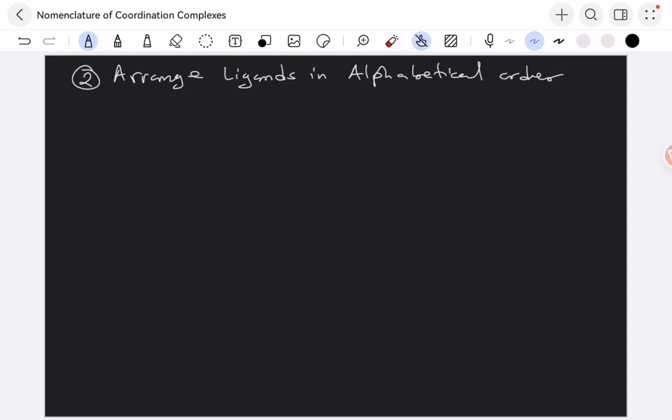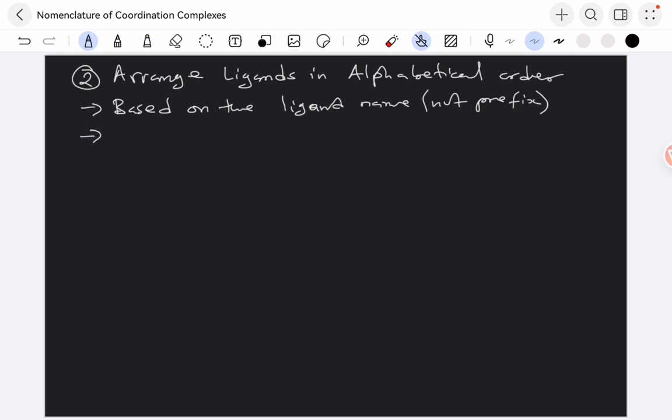What does this mean? This is based on the ligand name and not the prefix. I will explain what this means.